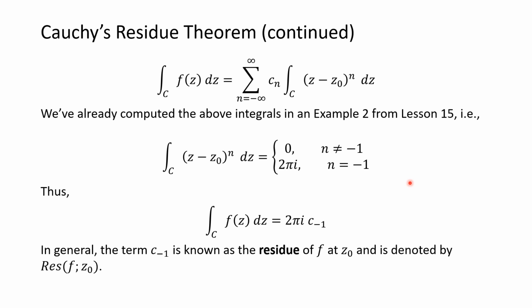If we can figure out what these residues are, then we can evaluate the contour integral about the circle for each given singularity, and then when we add them all together, we get the value of the overall contour integral that we had several slides back. And we'll do some examples to make this a little more concrete.